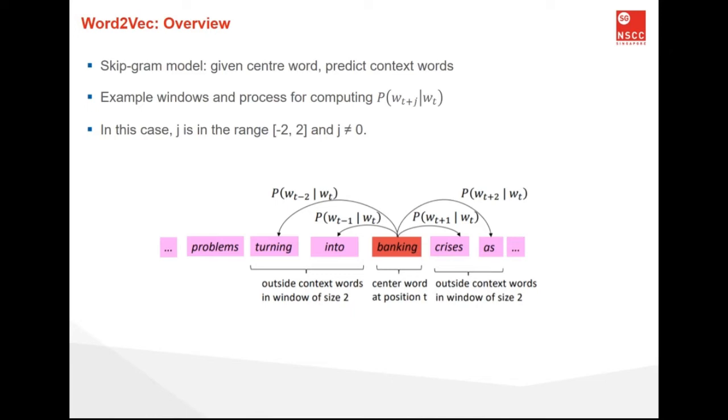Now, you can express the probability of the outside words, given a center word, as P(O|C). So at position T-2, the probability would be P(WT-2 | WT), and so on. From these individual probabilities, you can write a single equation for the probability over all the data.